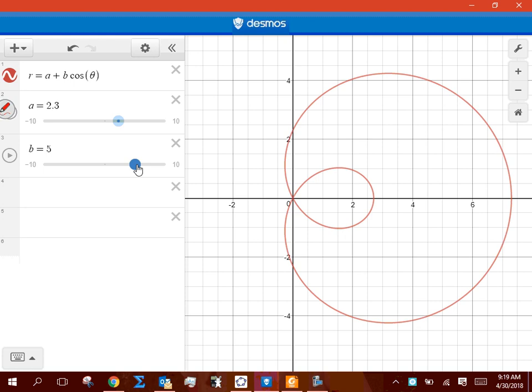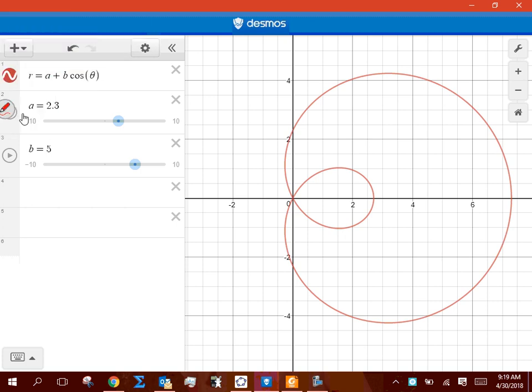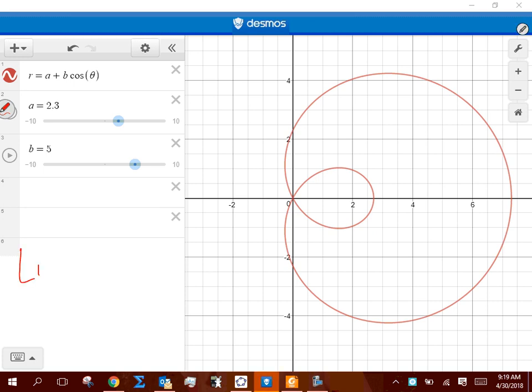This is referred to as a... I always spell this wrong, so give me a second. It's called a limaçon. I think that's how you pronounce it.